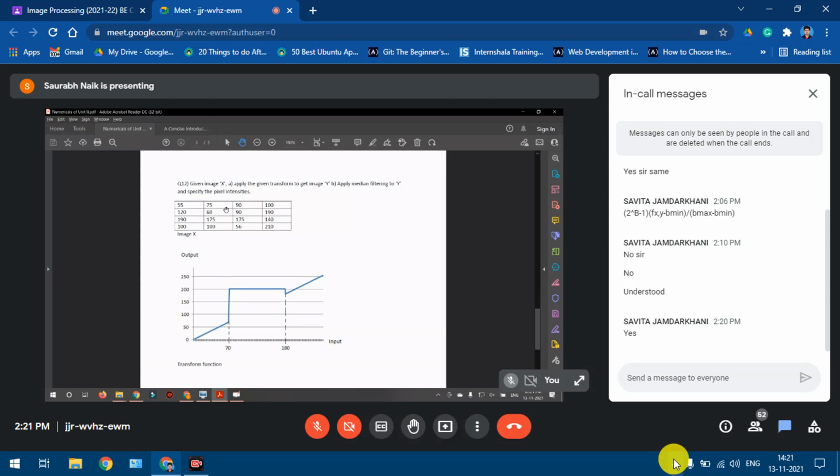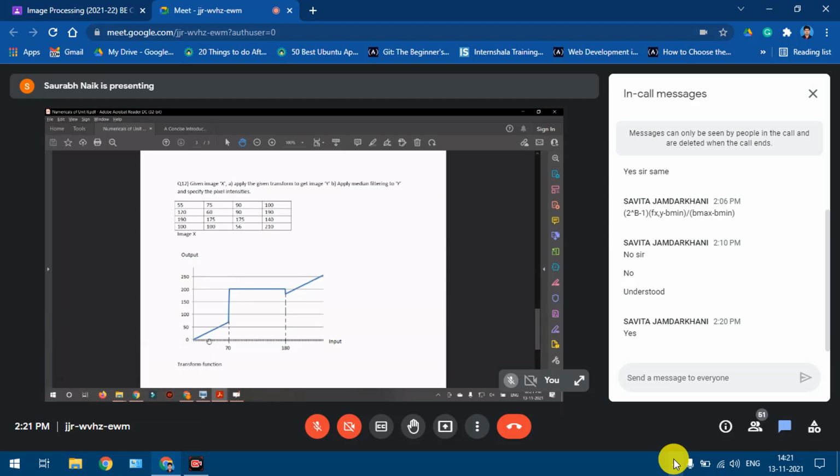So given this particular image, you're told to apply the given transform to get image Y, and then apply median filtering to Y and specify the pixel intensities. This image is given as image X, and to this image you have to apply this transform.